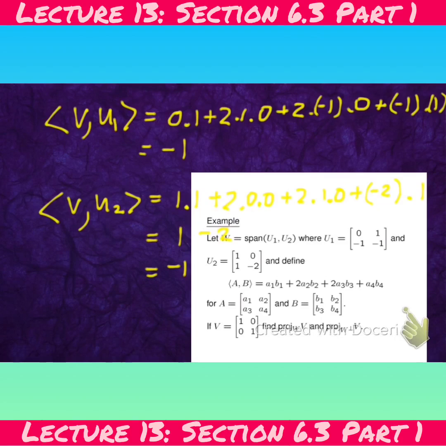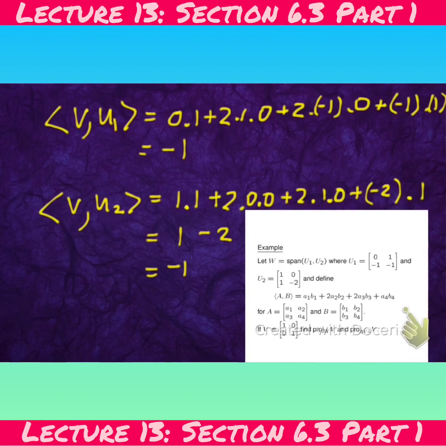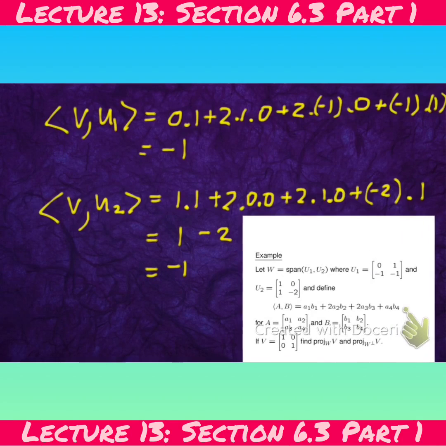The reason is to recall what my V was. If we take the inner product of V with u1, it's this term multiplied by that term plus twice this term multiplied by that term plus twice this term multiplied by that term plus that term multiplied by that term. That will give me an answer of -1.